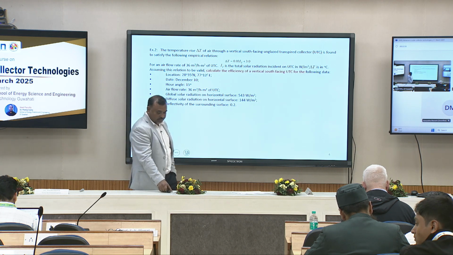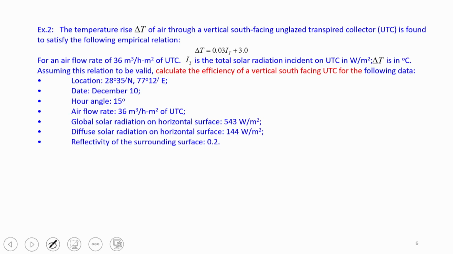Let us spend some more time on this figure. Okay. So, here is the temperature rise delta T of air through a vertical south facing unglazed transpired collector. Okay. So, as you have seen in the class of Professor Christophe, there are fans, and then there will be ducts here and here, something like this.